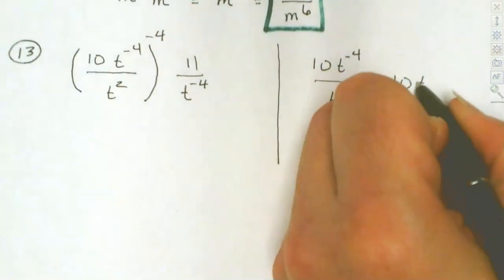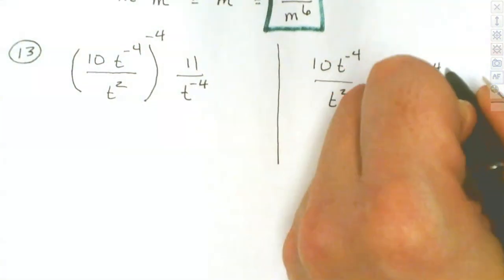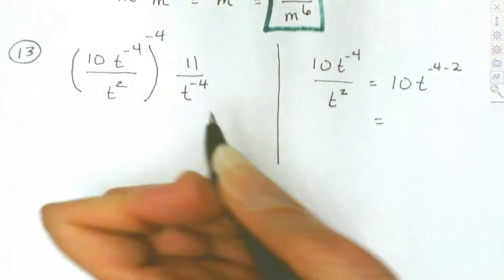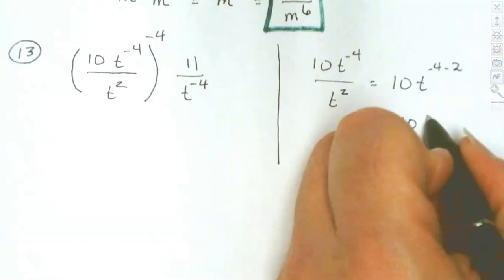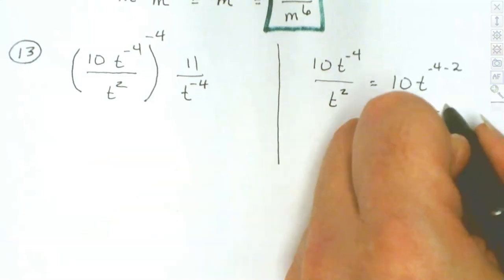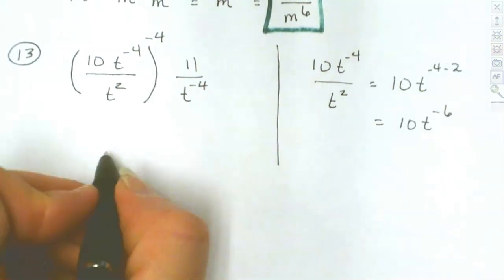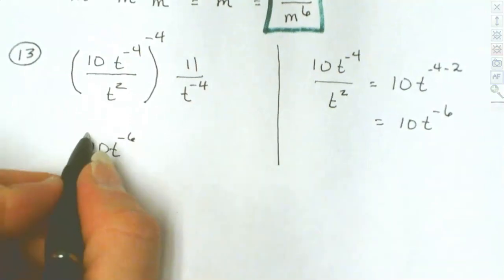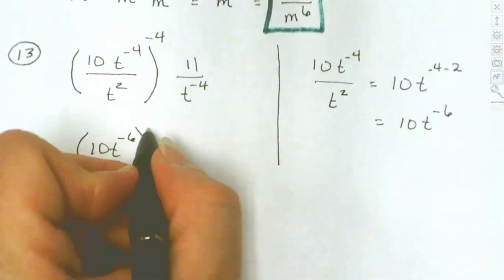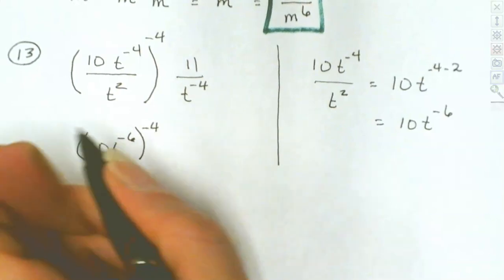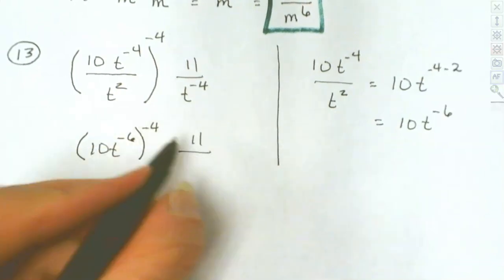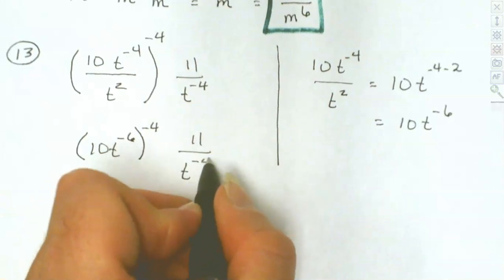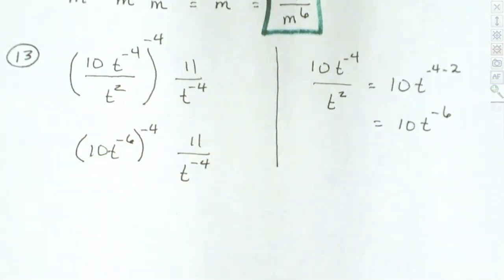So that's going to be t to the minus 4 minus 2. And so that piece comes down to be t to the negative 6th power. And you don't have to worry about negative exponents until the very, very end. You can move them around earlier if you want, but normally I just leave them until the very, very end.